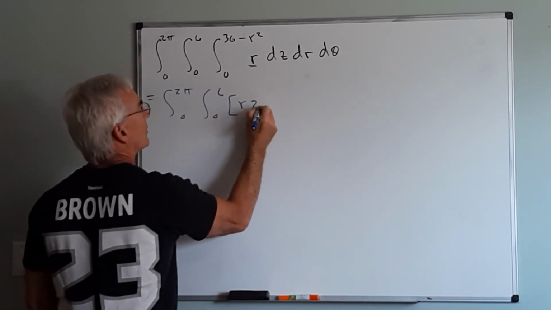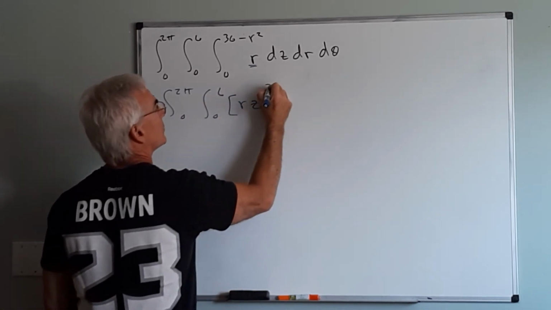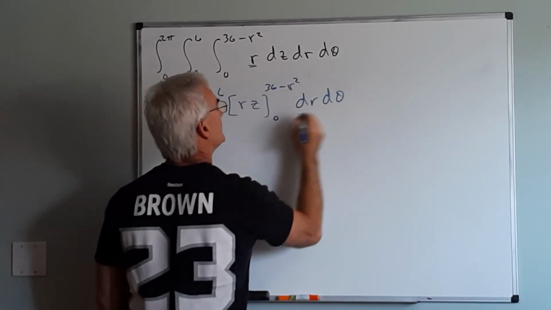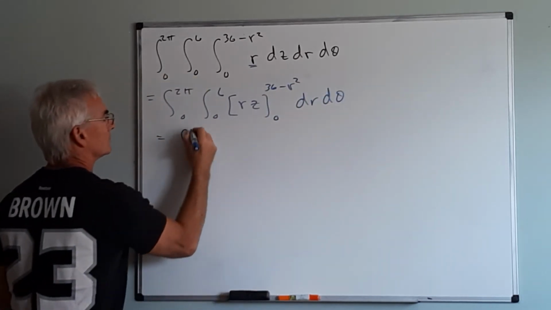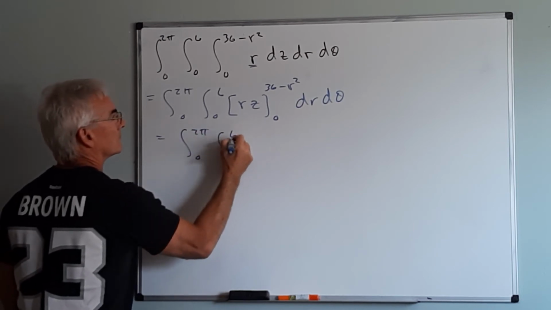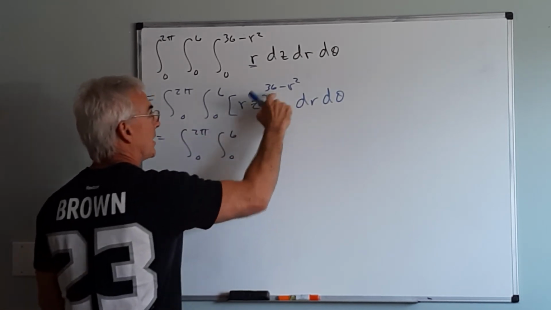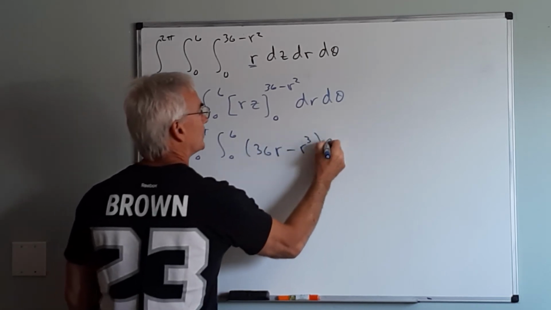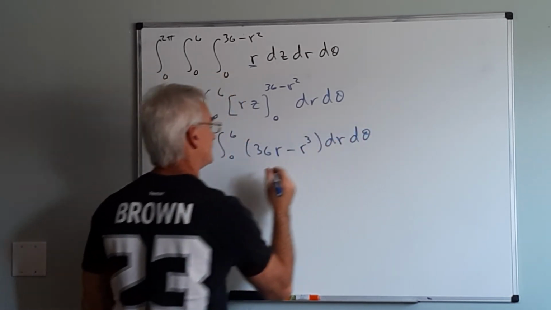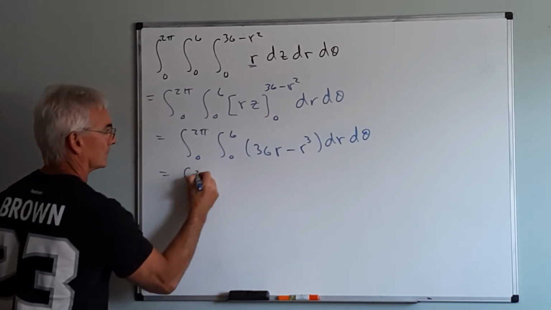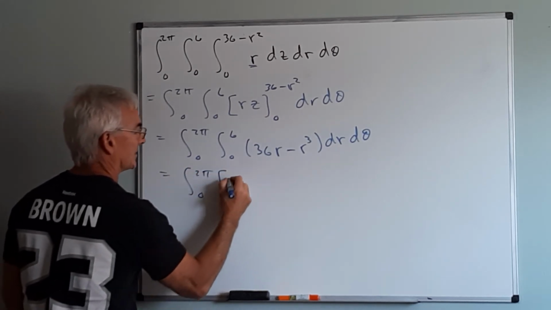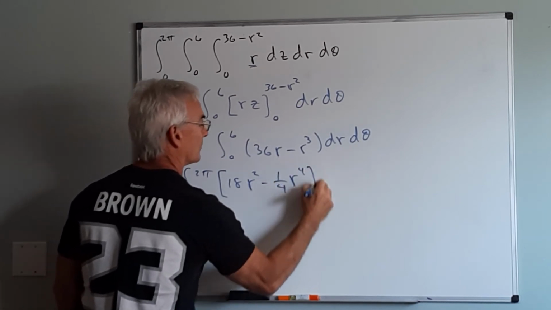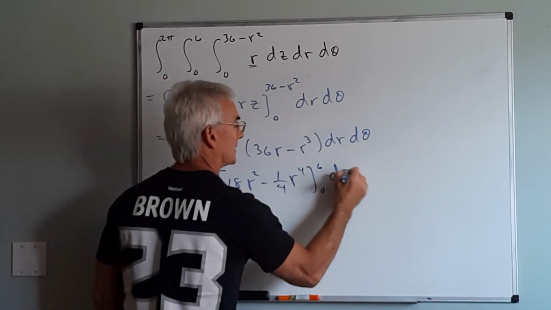So we have rz evaluated from 0 to 36 minus r squared, dr d theta. So then r basically times this would be 36r minus r cubed, dr d theta, which would give us then 18r squared minus 1/4 r to the 4th from 0 to 6 d theta.